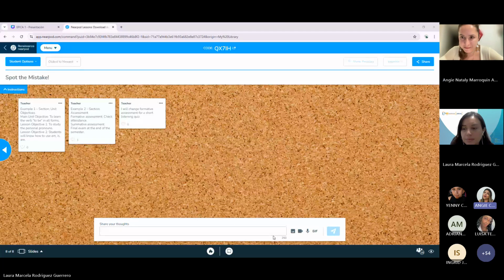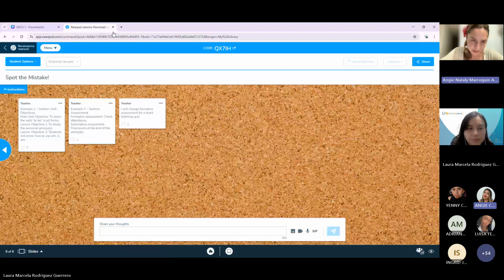Teacher, I think that in example one, I would change the unit objective. Maybe, a student will be able to use the verb to be. Okay. Yes, because they are going to learn how to use it and work with it, so they can be able to use the verb to be. That's a good one.